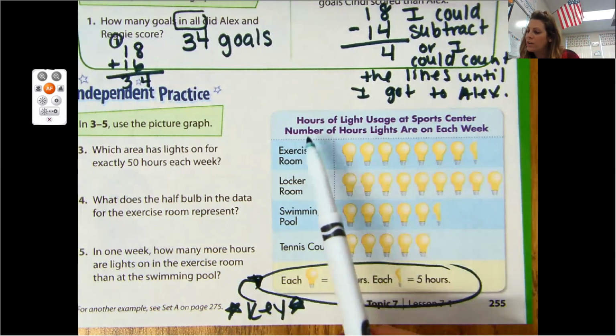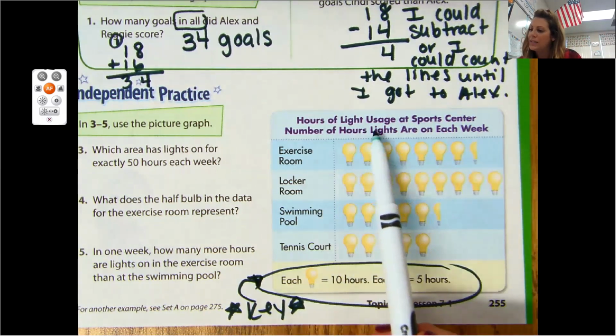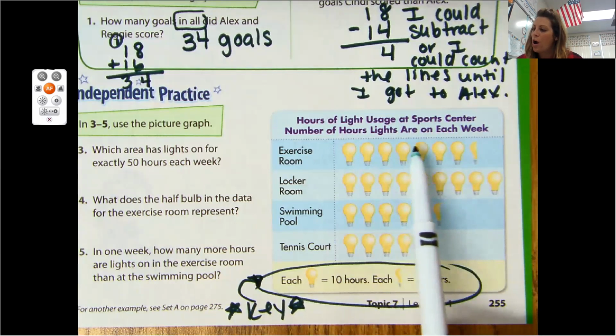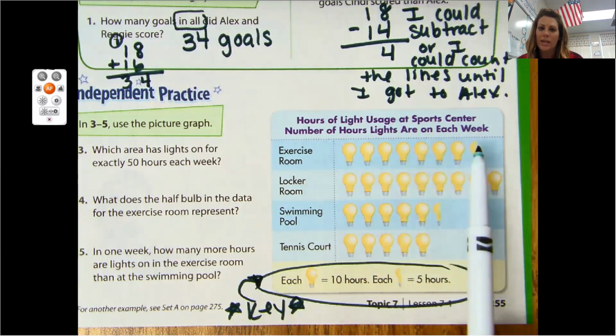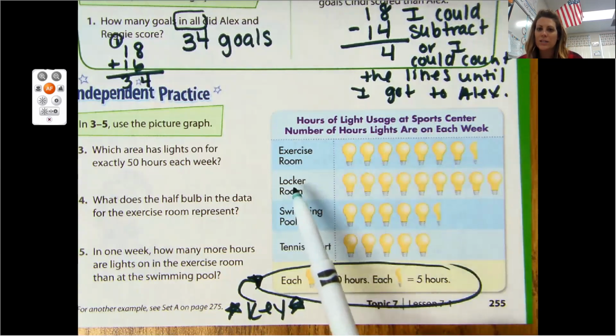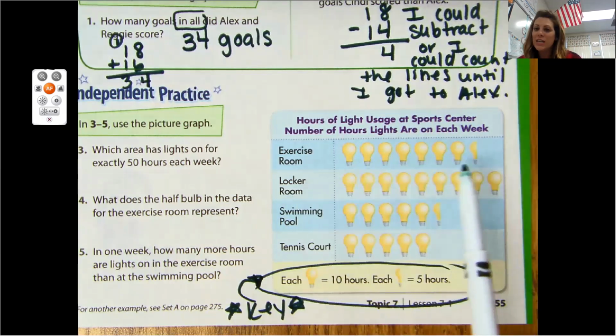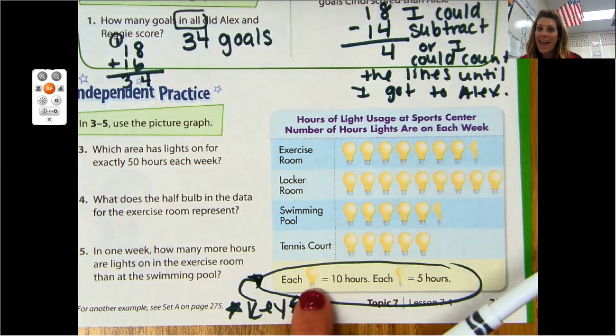So here we're trying to find out the hours of light used at a sports center. Number of hour lights are on each week. So in the exercise room, we've got a lot of light bulbs, but we're not just going to count by ones. We have to count by what? 10s. But then look here.